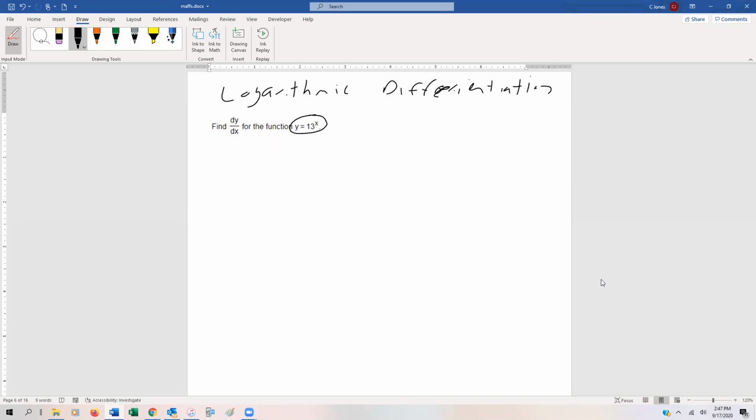So what we're going to do first is take the natural log of both sides. And you might be thinking, well, I don't want to introduce a logarithm because that makes things even more difficult. But the good news is that, remember, we have that rule with exponents and logarithms where we can move the exponent as a coefficient.